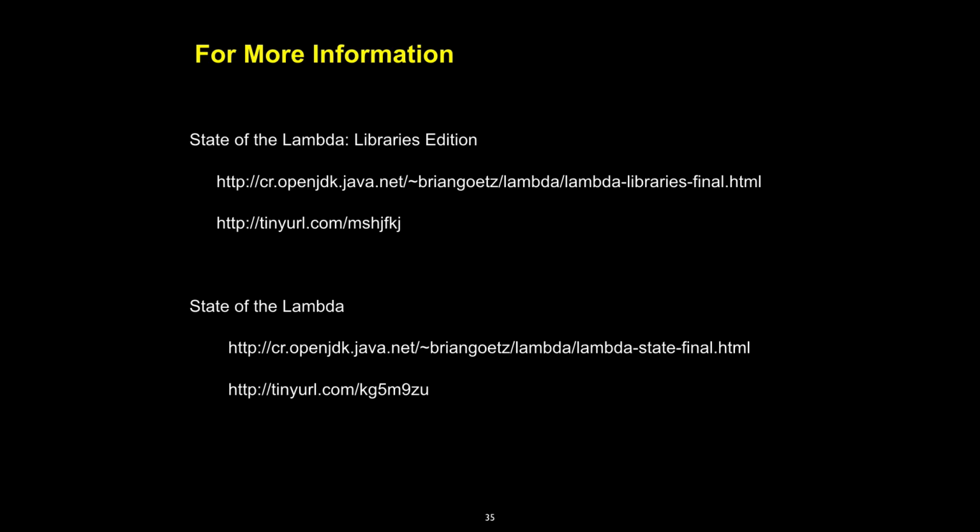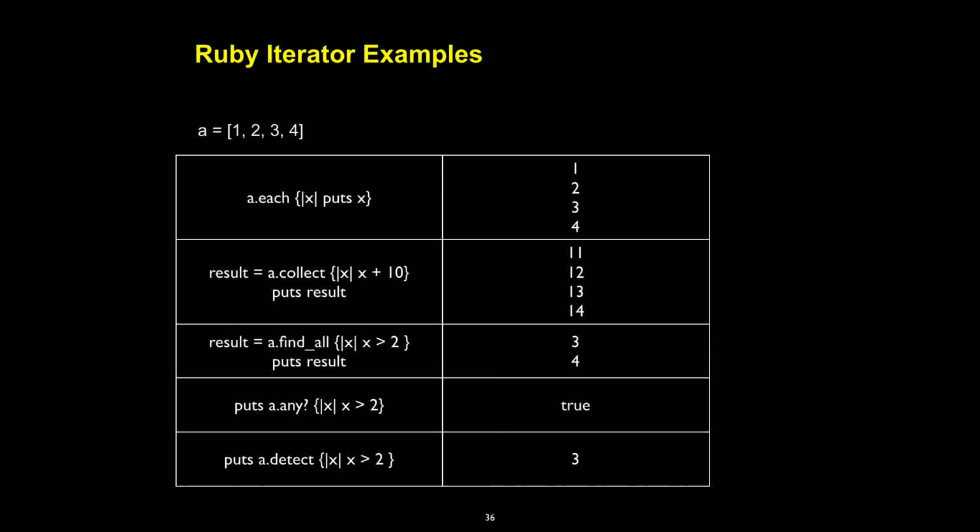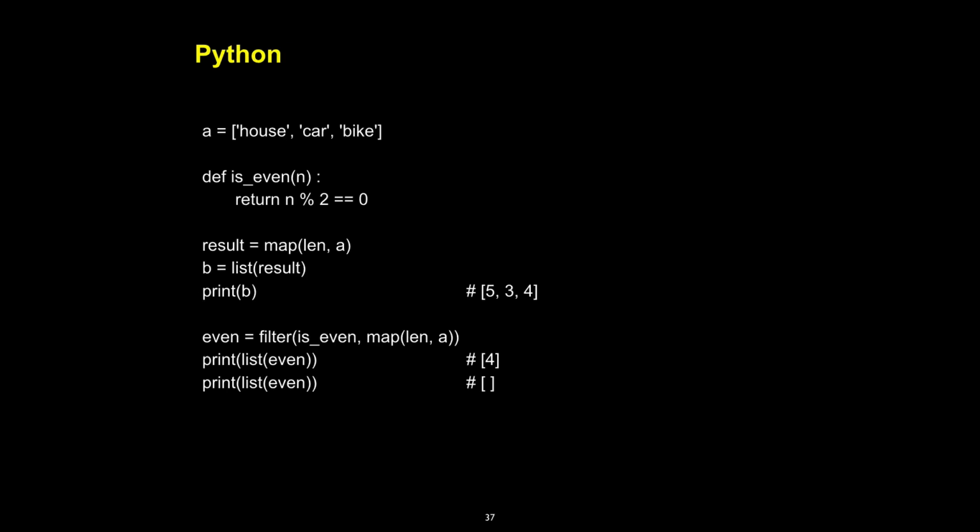If you want more information about this, there is documentation on Java, and Ruby's got a bunch of these things. Python is sort of weird because map is a function. It's not a method, it's a function. And filter is a function, right?